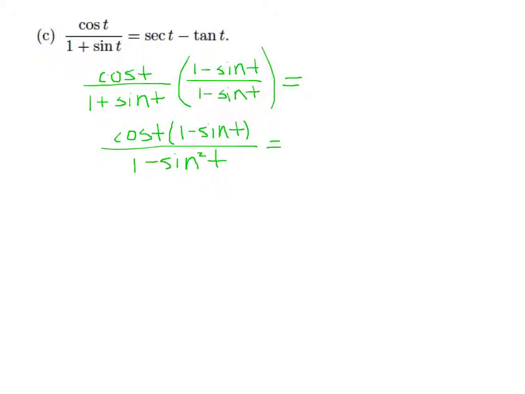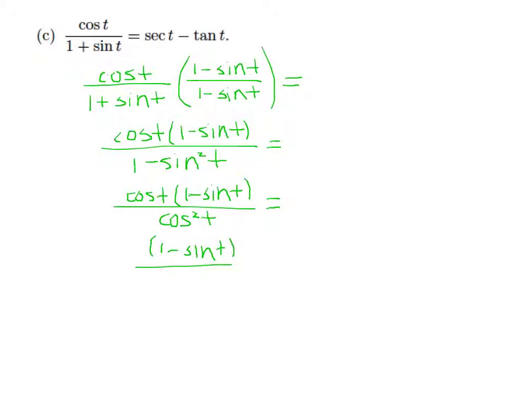And we can write the 1 minus sine squared t as cosine squared t, so we still have cosine t times 1 minus sine t in the top divided by cosine squared t in the bottom. And we can cancel cosine out in the numerator and the denominator, so we have 1 minus sine t in the top divided by cosine t.